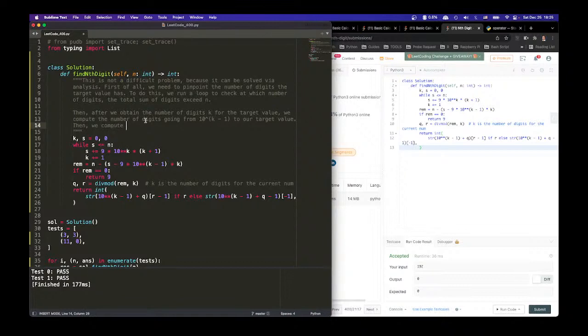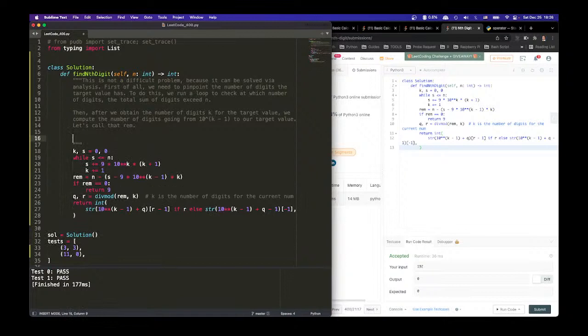Let's call that rem. After that, we compute div mod rem with k, right?